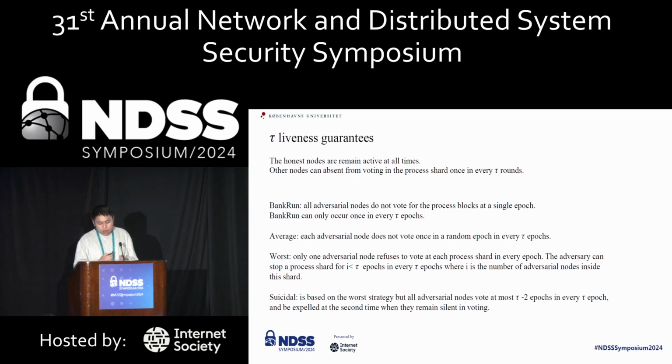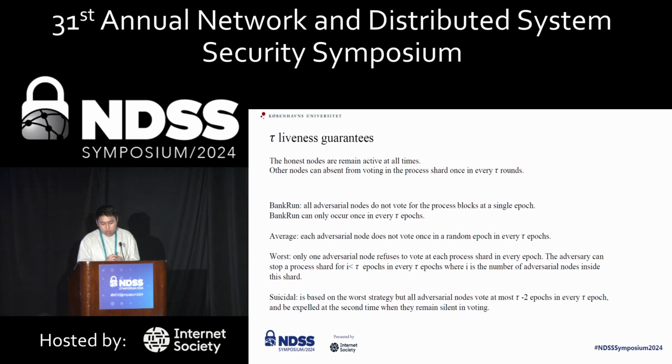Then we follow four designed strategies for the adversary. First, bank 1, which assumes that all adversary nodes do not vote for the process shard at the same epoch. Bank 1 will only occur once in every tau epochs, otherwise the adversary nodes will be expelled, right? Then the average, which is very simple: each adversary node does not vote once in a random epoch in every tau epochs.